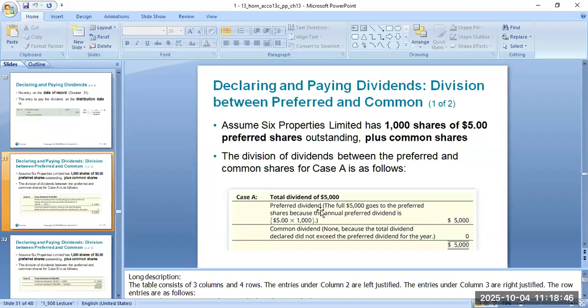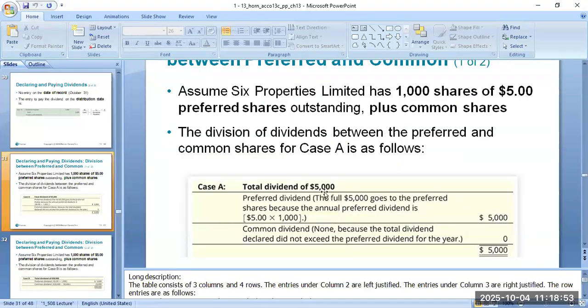Now, if the company declares a dividend of $5,000, who's going to get it? Preferred shares, since they get $5 per share, are going to get $5,000. But the entire dividend is $5,000, so the common shares get nothing. Only preferred shares get their dividend.